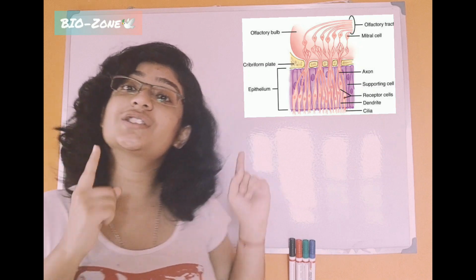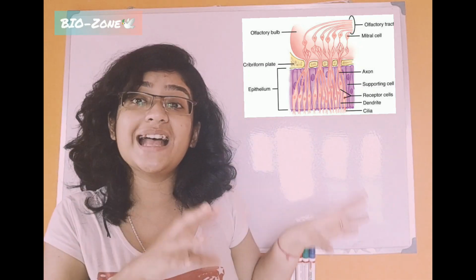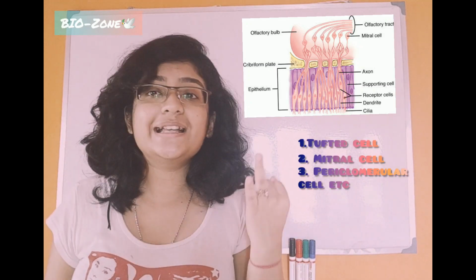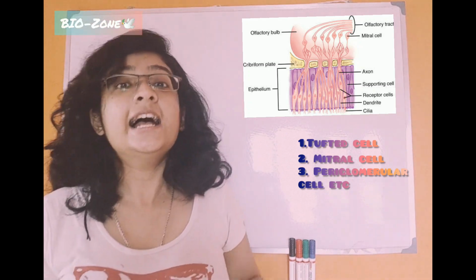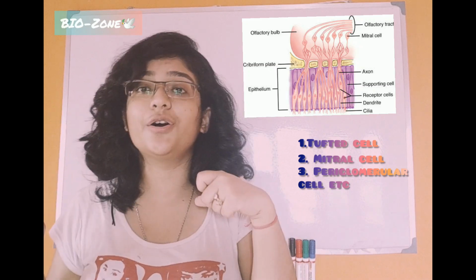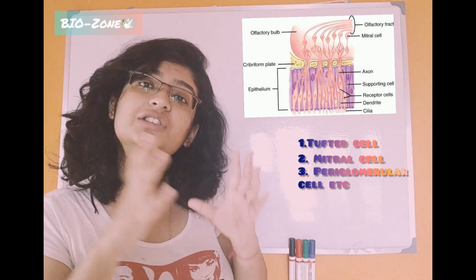Now there is a bulb-like structure you can see in the picture. This bulb-like structure is called the olfactory bulb, where we have several types of cells like tufted cells, granule cells and mitral cells. These cells collect the information from the axons coming from the receptor cells and make a conjunction.